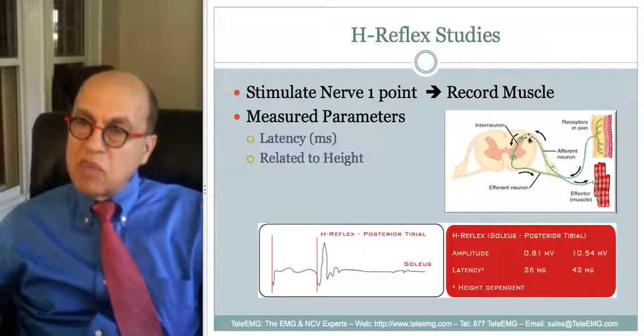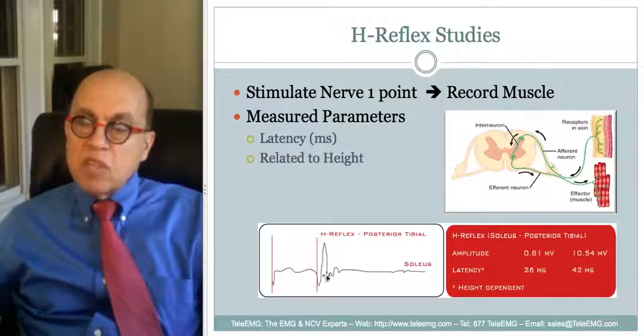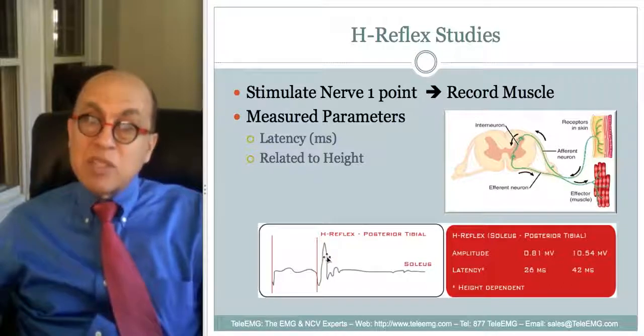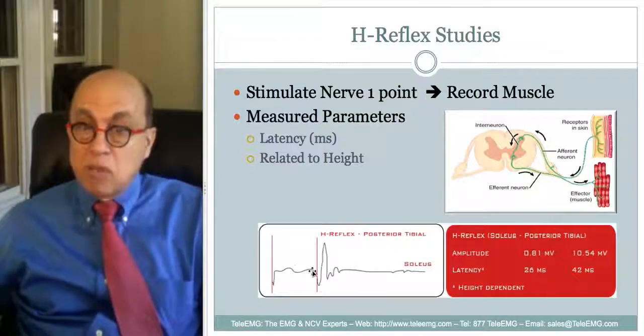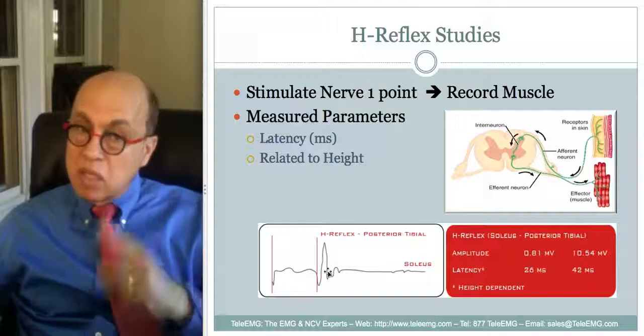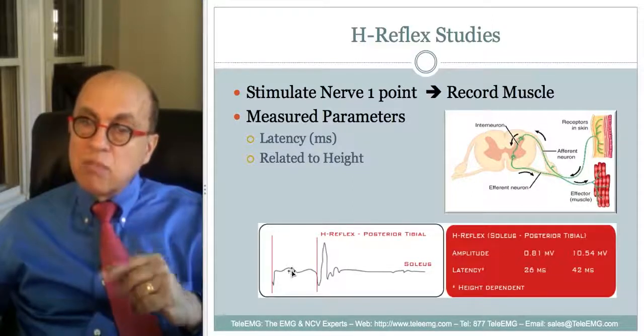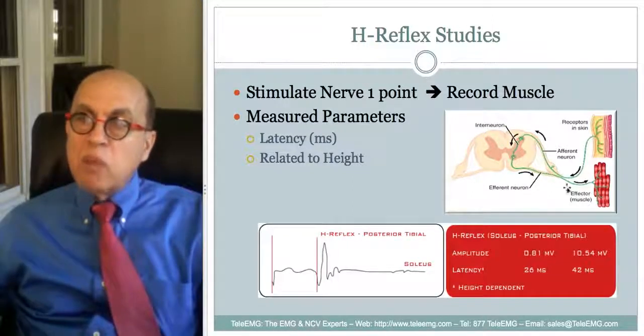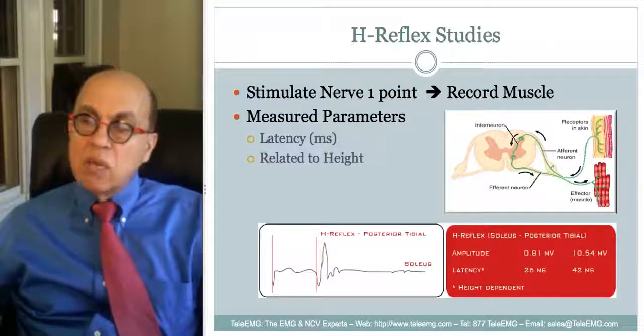Now that takes very long to go from up here to down here. And as you can see, the reflex is a nice motor response. It's very big here. It's very late because it took a long time to go from here to here. This is the H reflex. We see it in the leg, not in the arm. And this is the beginning of the motor wave that came from stimulation here. Again, in this case, we measure the latency and we relate it to height.